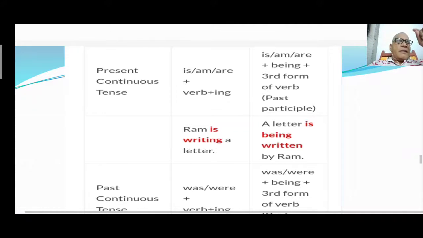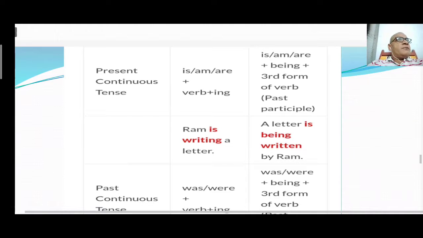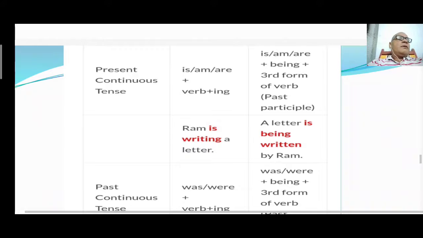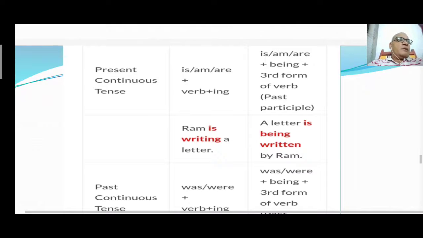When we are writing the present continuous tense: subject plus am, is, are. Am is used with I, is with singular subjects, and for plural subjects we use are. And verb plus ing: talk, talking, walk, walking, speak, speaking, write, writing. Then plus object.